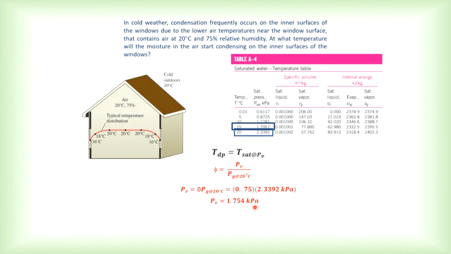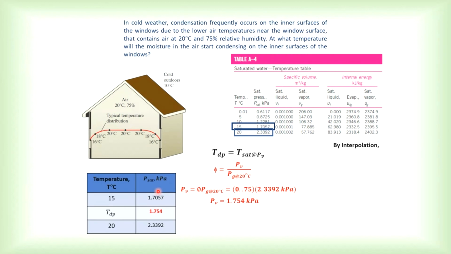Based on this pressure, 1.754 is in between these two values, 1.7057 and 2.3392. So we have to do interpolation. We don't know the temperature in between based on this pressure. So 15 and 20 give 1.7057 and 2.3392.